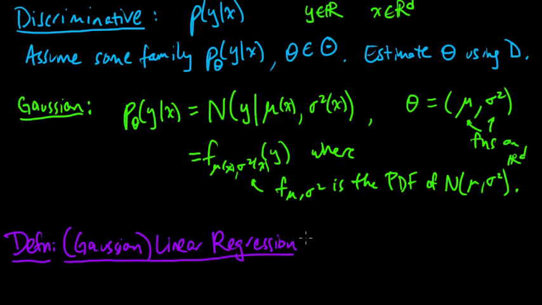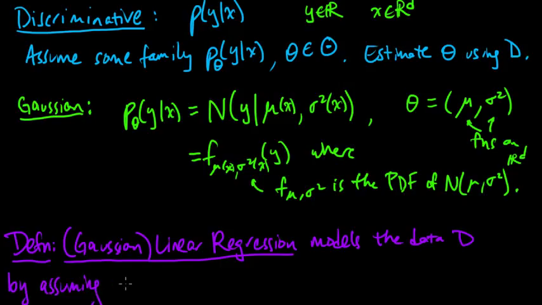Gaussian linear regression models, it's a probabilistic model for our data, and it models the data D by assuming that these conditional distributions take the form normal, just like this, but now we're going to choose some functions here, some mu of x and sigma squared of x. So far I haven't said anything new, and here's where it comes.